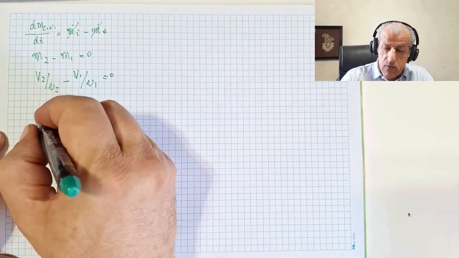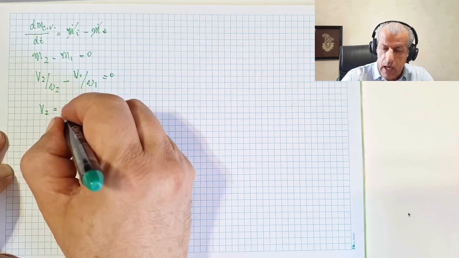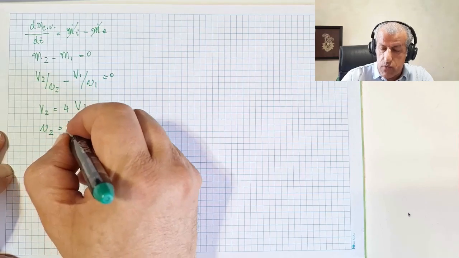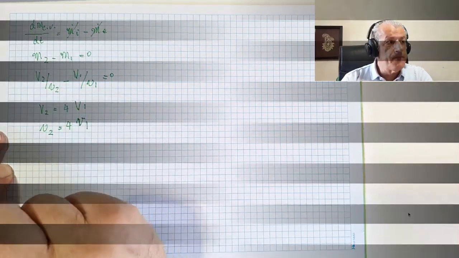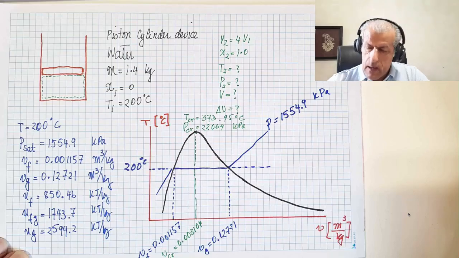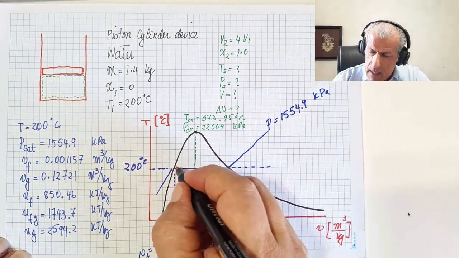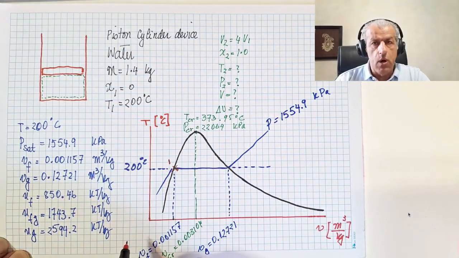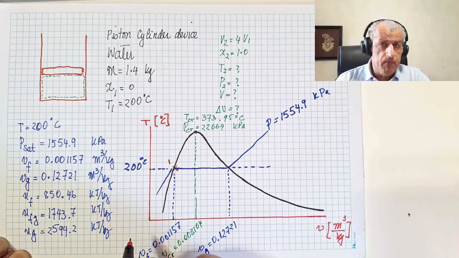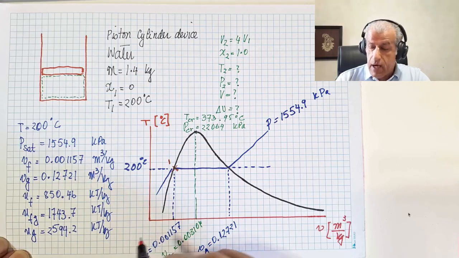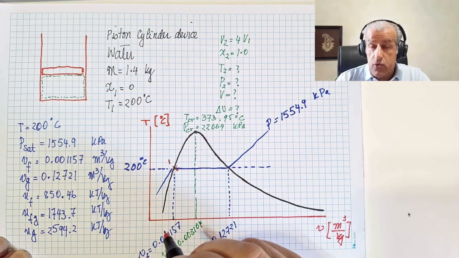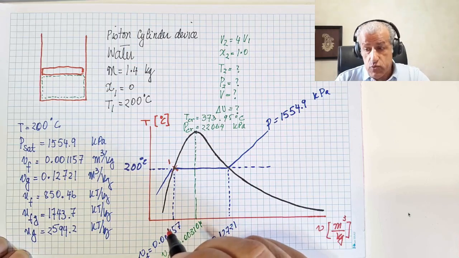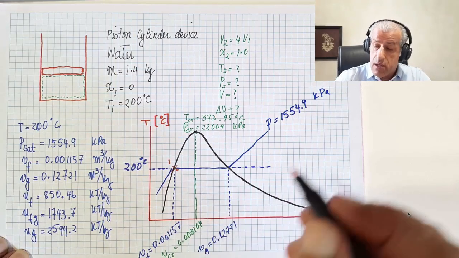And since V2 equals 4 times V1, therefore v2 should be 4 times v1. Our initial condition is here. This is point 1, and that's our initial condition. The problem tells us that our final volume is 4 times the initial volume, and we learned that the specific volume should be 4 times the initial specific volume.